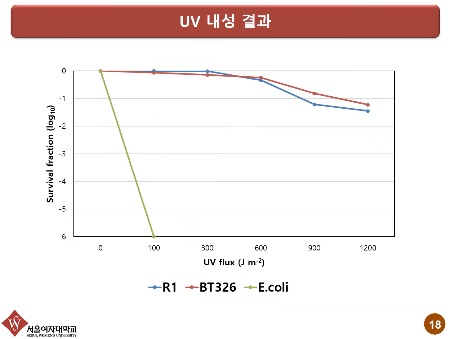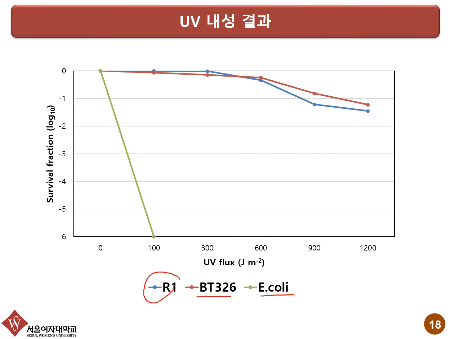The gamma radiation resistant bacteria also show resistance against UV radiation. Here you can see the comparison of Deinococcus radiodurans with Hymenobacter and E. coli.